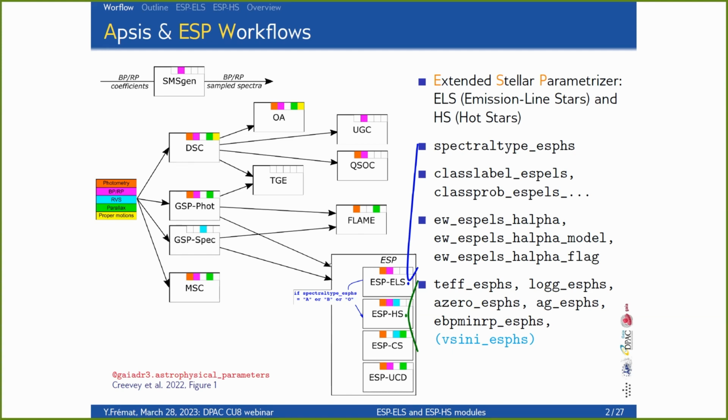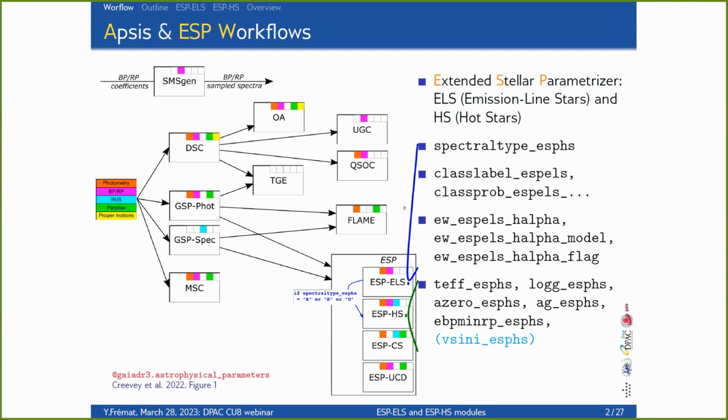That's mainly important for the HS module, because the hot star module is only launched on A, B, and O type stars. It needs some information from the ELS package to decide which data from the input to process, and also how to process it.